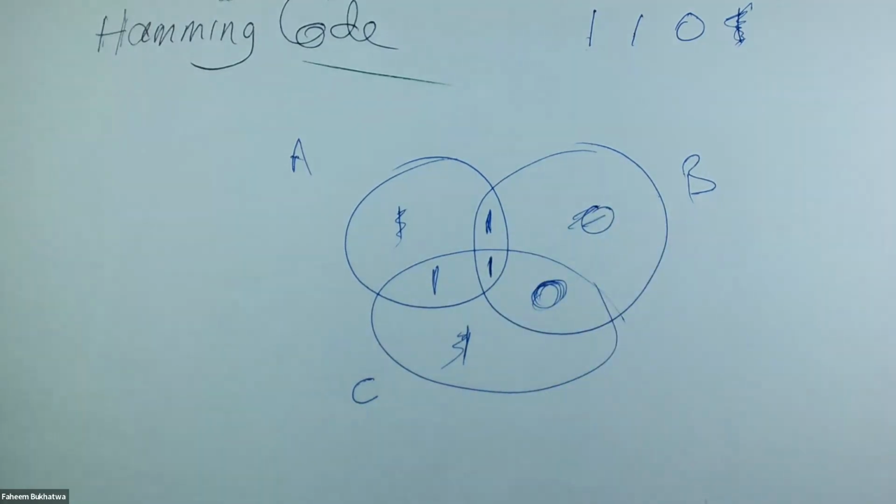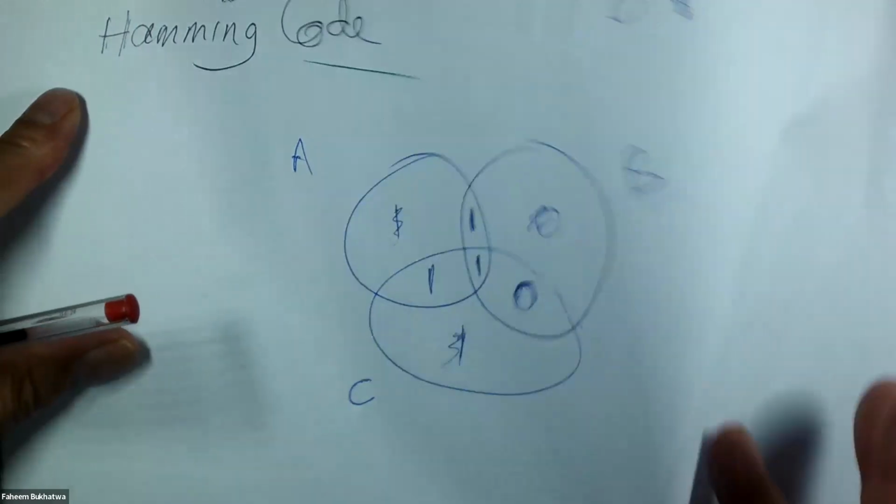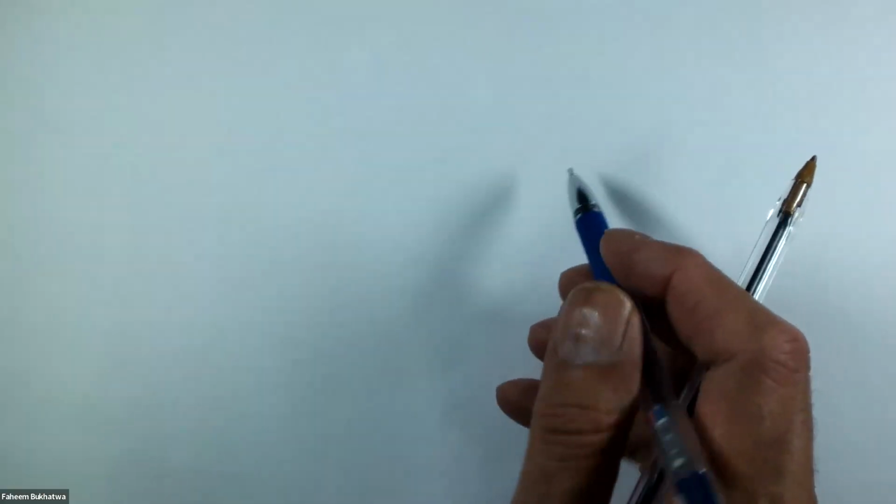Okay, and I'm going to use a different color for the parity bits. Make it much easier. Yeah, the data goes in there.